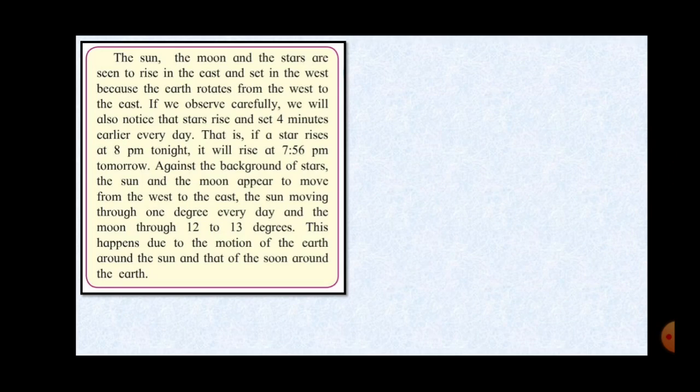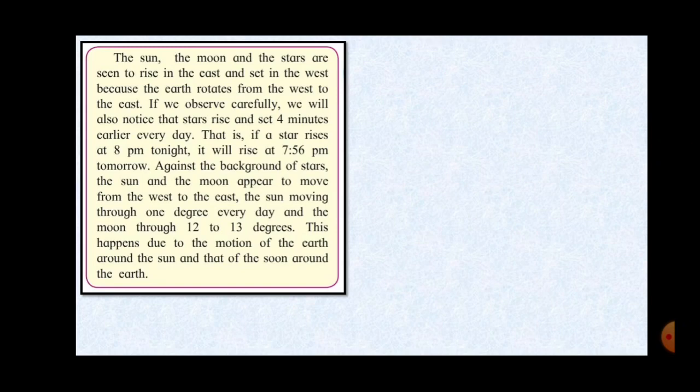Now, just for your information, it is given that sun, moon and stars are seen to rise in the east and set in the west because our earth rotates from the west to the east. But if we observe carefully, we will notice that stars rise and set 4 minutes earlier every day.